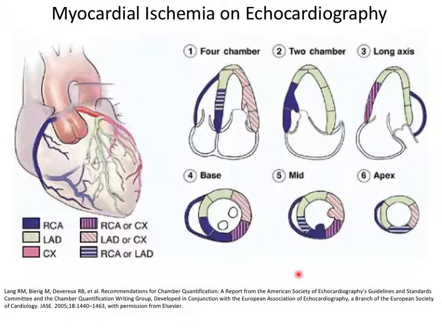And so these are the zones in which people look for abnormal ventricular contraction on echo and try to tie it back to ischemia from a specific vessel.